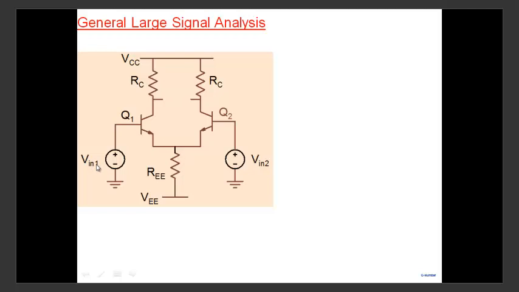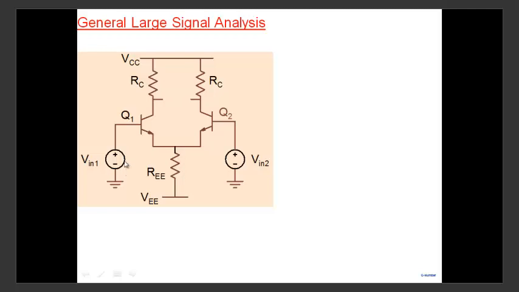What will happen? Well, what is VID? If this is 1 and this is 0, VID is 1 volt. With 1 volt I cannot apply small signal. VID has to be comparable with thermal voltage VT. So that is out. I can't do small signal.